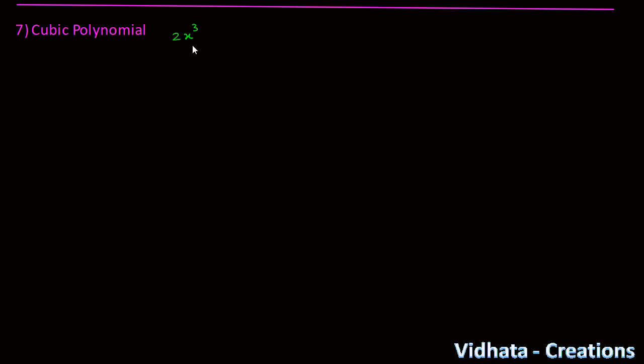What does it mean by cube? When the power is 3, we say cube. So the first example is 2x cube. Another example we will take, that is x cube plus 7. One more example we will take, say 2x cube plus 3x square.